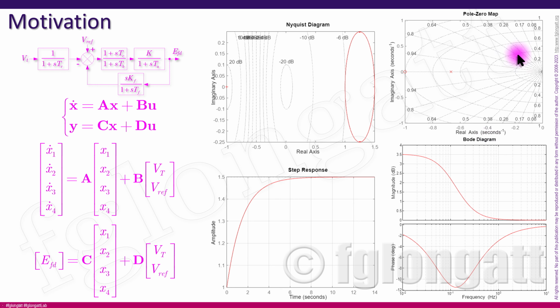For instance, if you are using MATLAB, as we did in the previous video, you can have some functions that will allow you to create the map of poles and zeros for the transfer function, or also the Nyquist diagram.